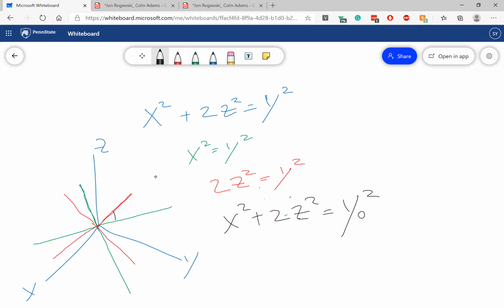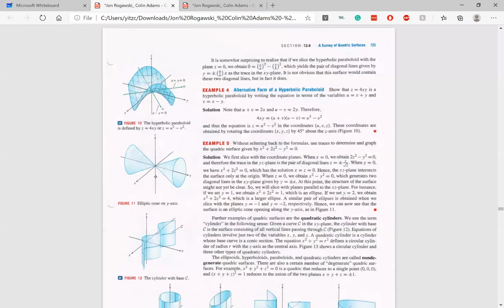So you would have these circles like this, each one of them corresponding to a different y naught. And we end up getting a cone. So that's this cone over here.